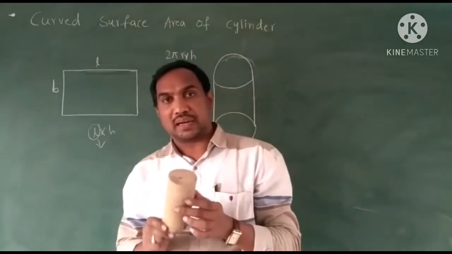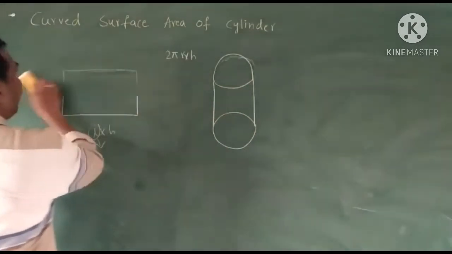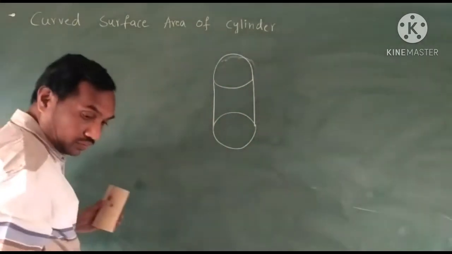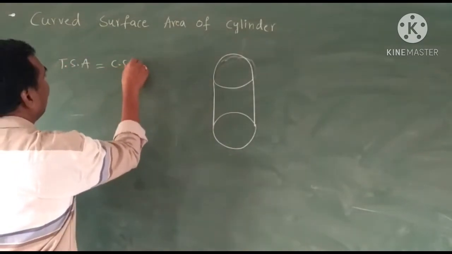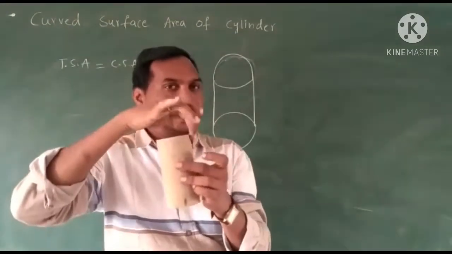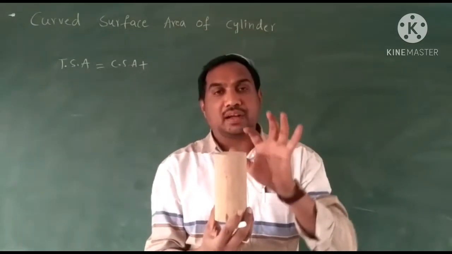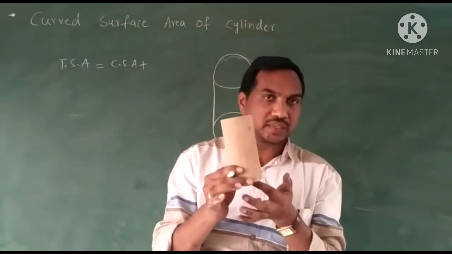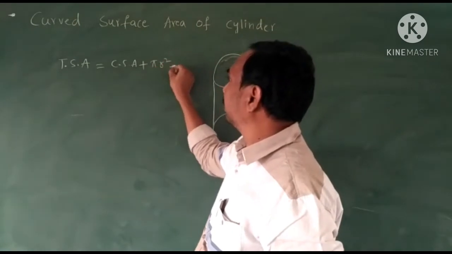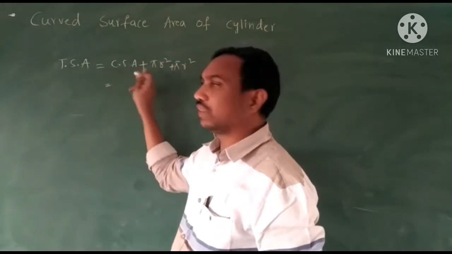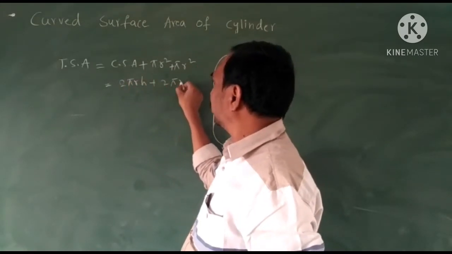Suppose I need to calculate the total surface area of the cylinder. The curved surface area we got as 2 pi r h, and total surface area means adding the area of the upper side and the lower side, that is pi r square plus pi r square, which is 2 pi r square.